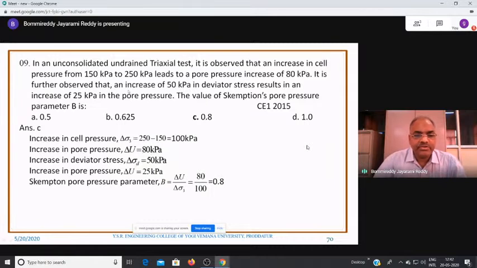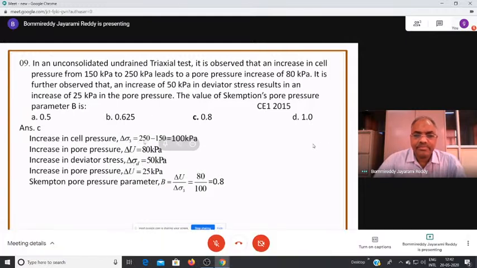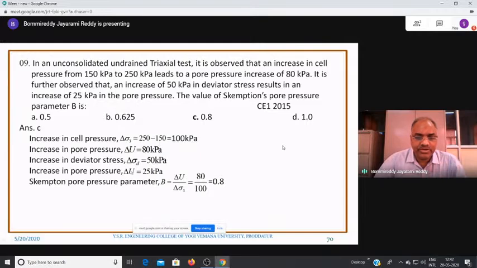It is further observed that an increase of 50 kPa in deviator stress, delta sigma d 50, results in an increase of 25 kPa in pore pressure, so delta U is now 25 kPa. What is the value of Skempton's pore pressure parameter B?